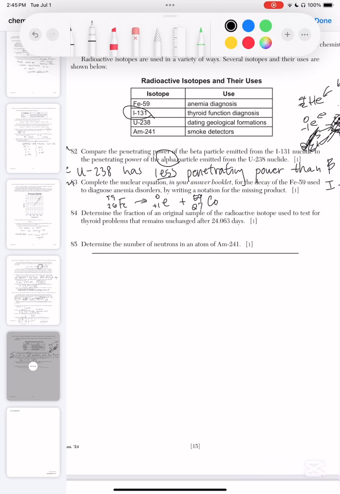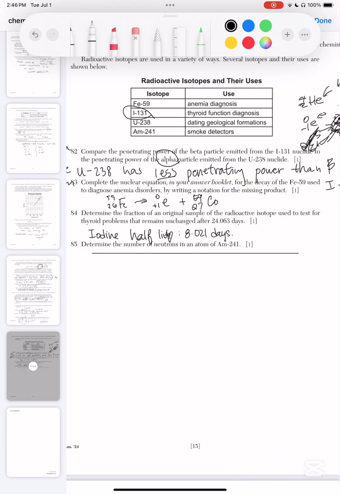Alright, so this asks to determine the fraction of the original sample that remains unchanged after this many days. So since iodine is the one that you use for thyroid function diagnosis, you can look for its half-life on table N. We find that's 8.021. And then from here on, you have different ways that you can go about solving this.